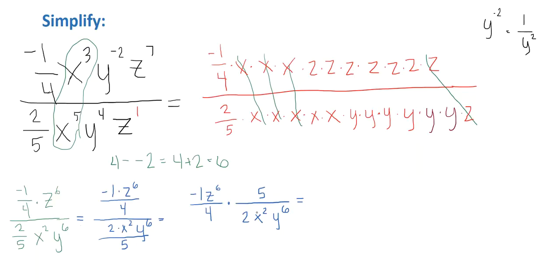And we can just multiply straight across. So 5 times negative 1 is negative 5 times z to the 6th over 4 times 2, so 8 times x squared times y to the 6th. And that is our answer.